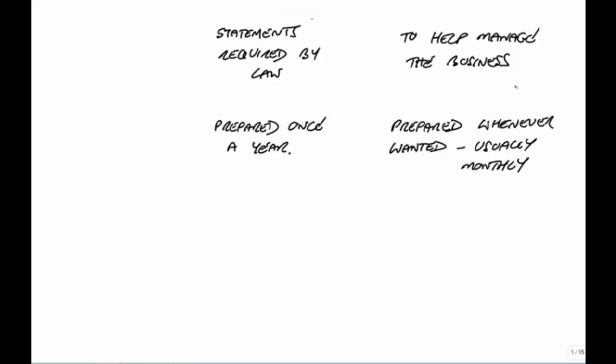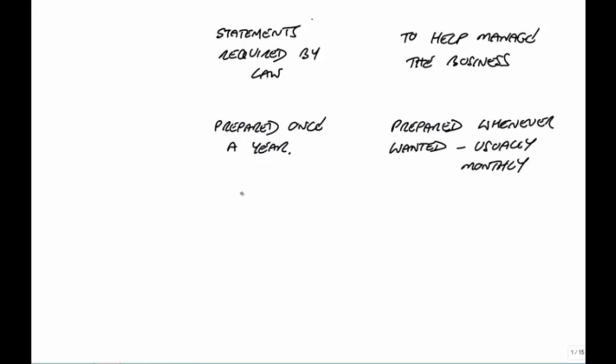A few other things though. One is, who are these accounts for? It's probably already obvious, but the financial accounts, they're available for everybody. They're sent to the shareholders, they'll be interested in them. The state, the government looks at them. They'll want to know because of tax, if nothing else. The bank might want to look at them, and so on.